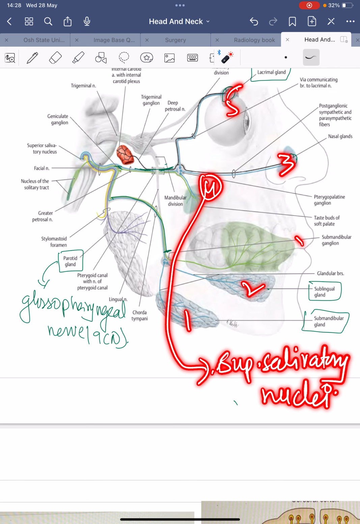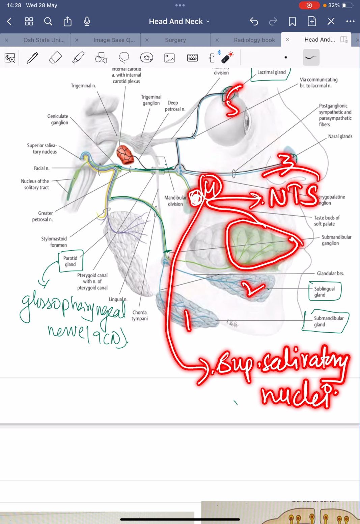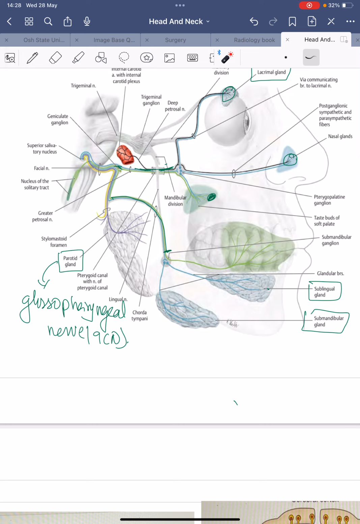But the anterior 2/3 of the tongue and some of the taste bud sensations of the soft palate are controlled by your nucleus tractus solitarius. Okay, taste sensation from the anterior 2/3 of the tongue is going into the tip of the nucleus tractus solitarius. Through which nerve? Your answer will be, sir, it is through chorda tympani.